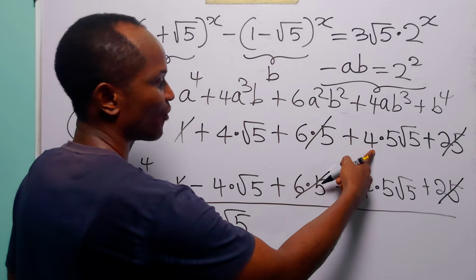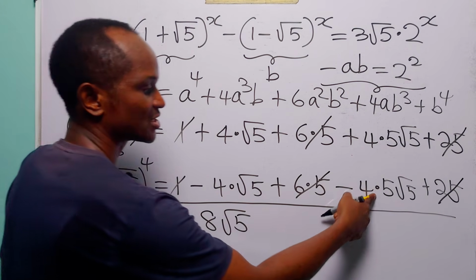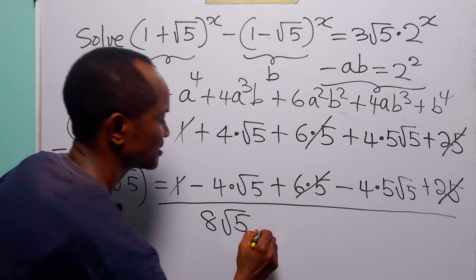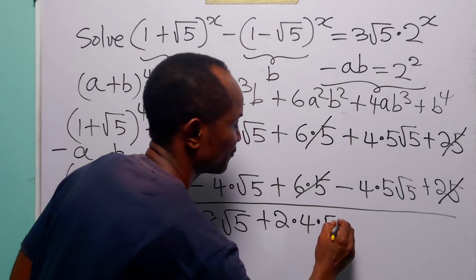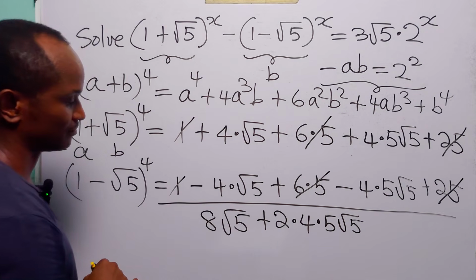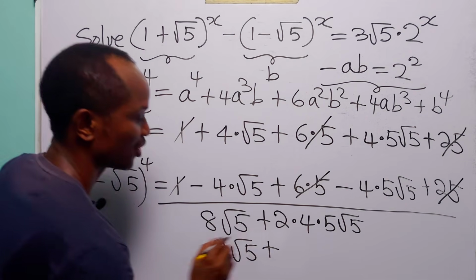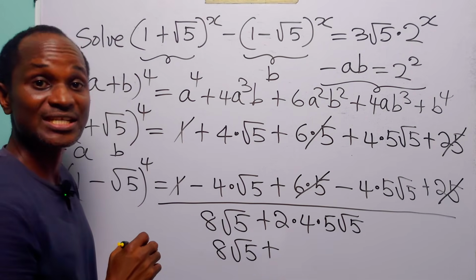Now here we have 4 times 5√5 minus (−4 times 5√5). We have 2 of this. So that is going to be 2 times 4 times 5√5. Now we have 8√5 plus 2 times 4 is 8, 8 times 5 is 40.